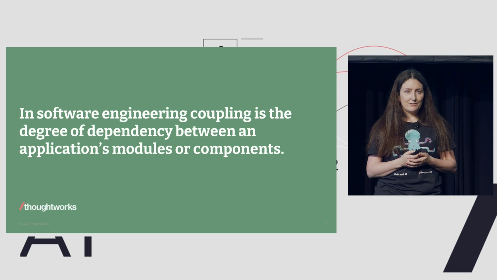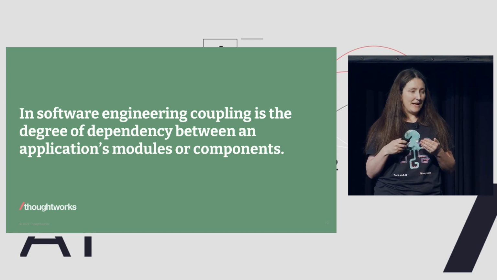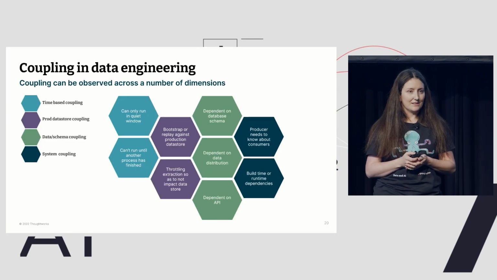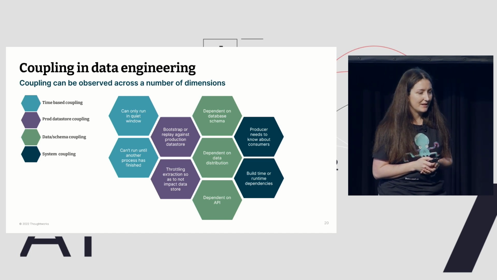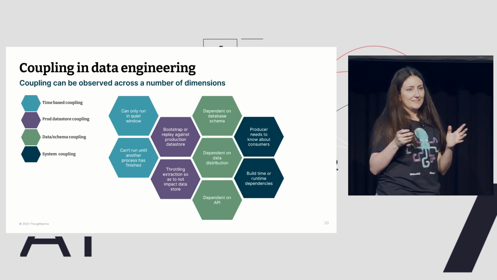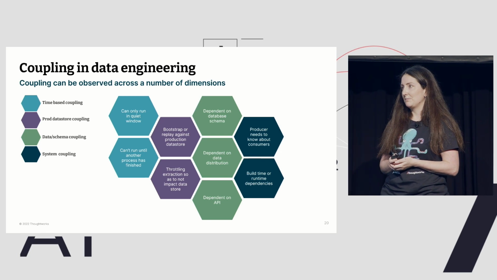In data engineering, coupling can also have an impact, but it can show up in some different ways. So here are some examples of different dimensions that I've observed coupling happening in data engineering pipelines. It'd be really interesting to hear maybe later if people have observed the same thing, but I've observed it across a couple of dimensions.